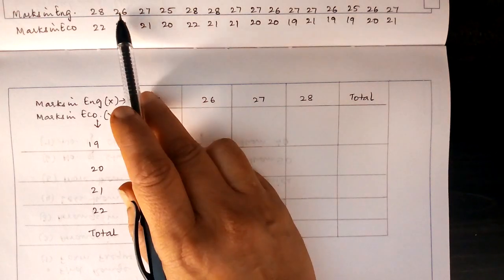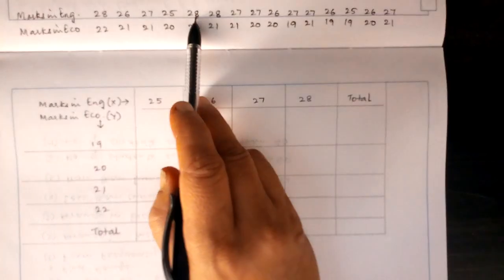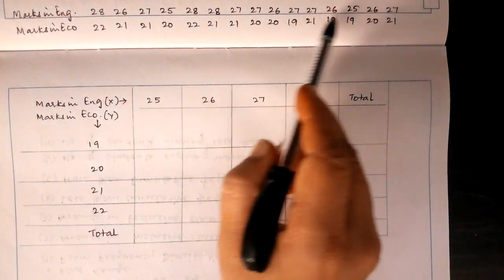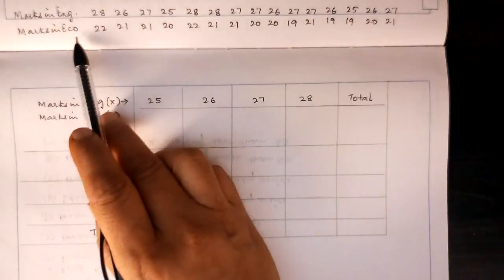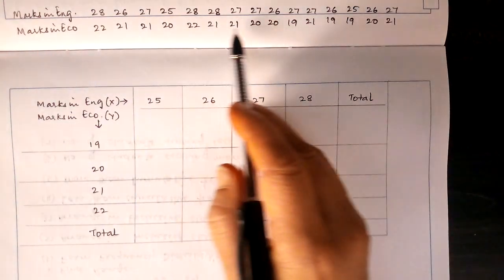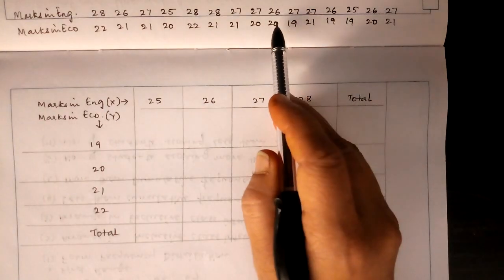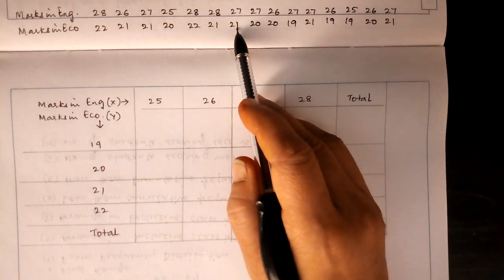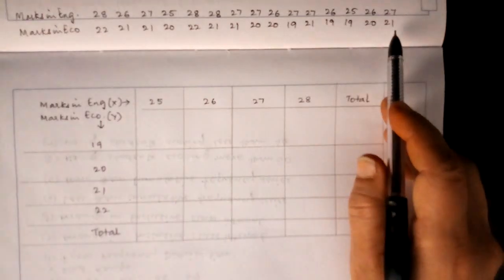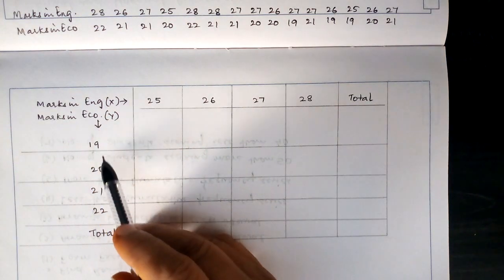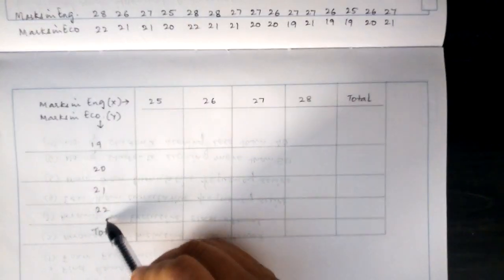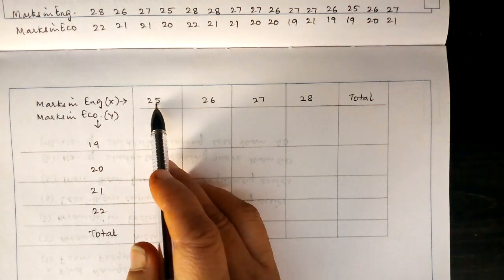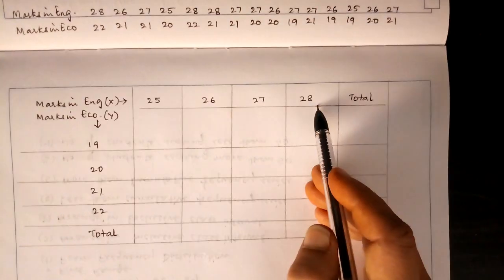Then the next mark is 26, then 27, then 28. That's all. Then in economics we found the lowest mark is 19. Then we have 20, 21 and 22. So we will write the marks of economics like this: 19, 20, 21, 22. And marks in English as 25, 26, 27 and 28.